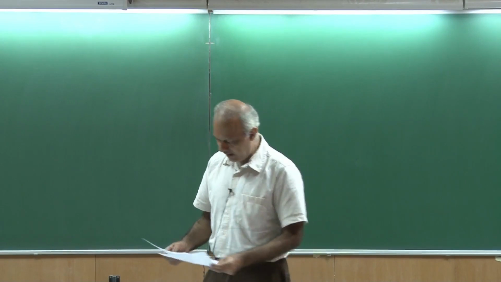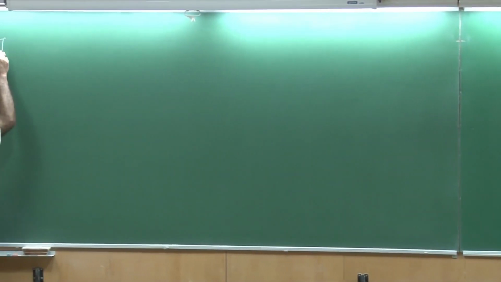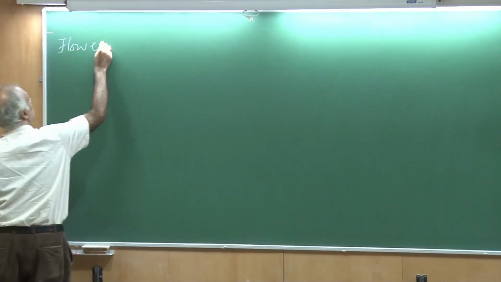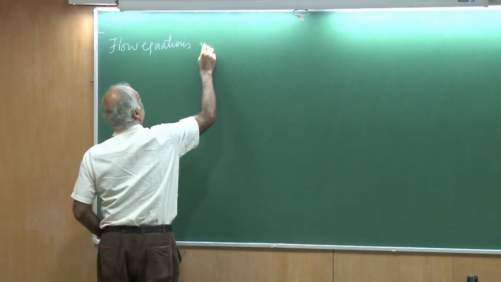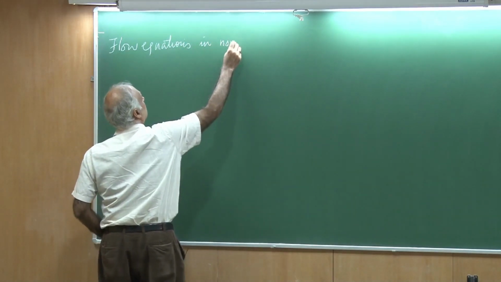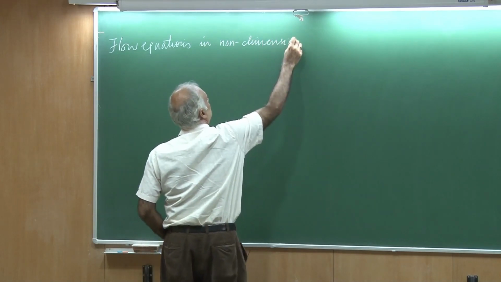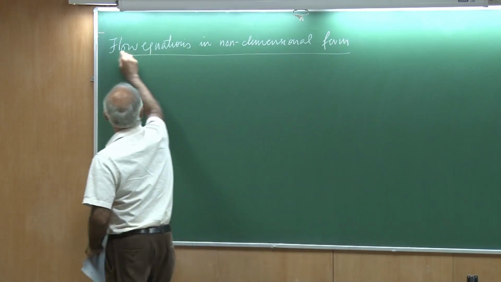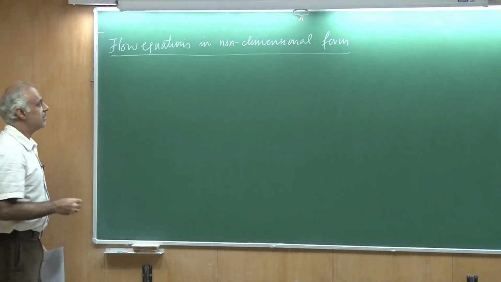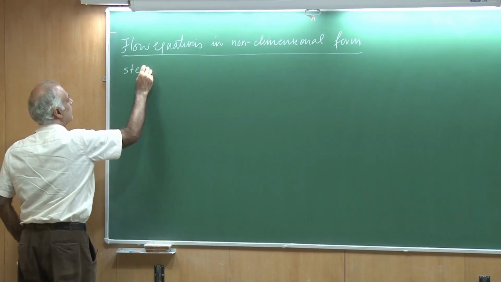So if you recall, we looked at the flow equations in non-dimensional form. And in the last class, what we had done is we assumed that the flow is steady.